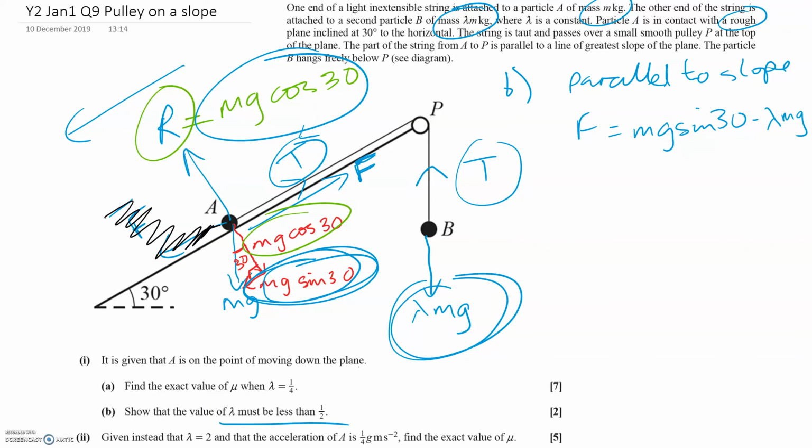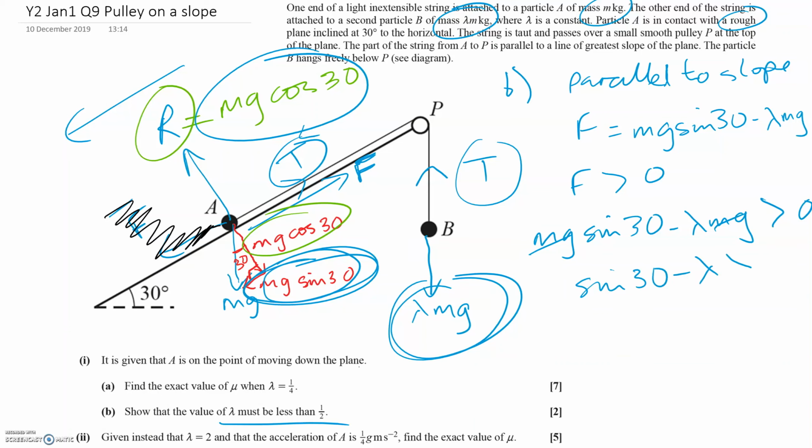Now the frictional force is on a rough slope, so we know that the frictional force must be greater than 0. So that means that all of this must be greater than 0 too. We could factorize this. m can't be 0, g can't be 0, so we could probably just cancel these, although it's usually better to factorize, but sine 30 minus lambda has to be greater than 0.